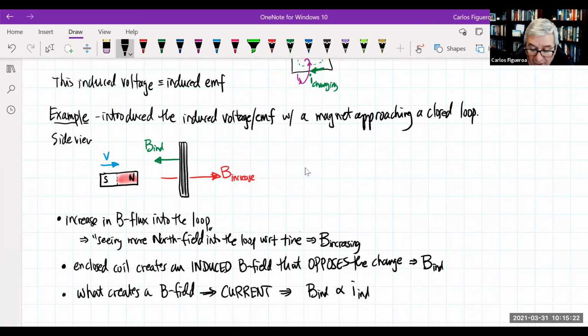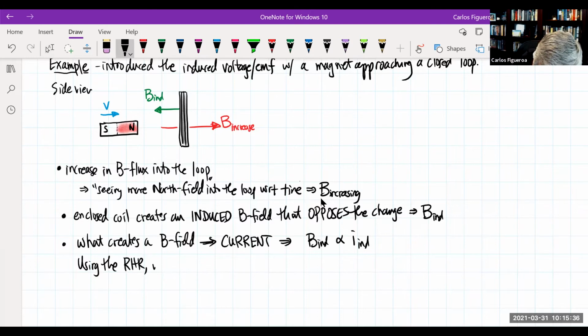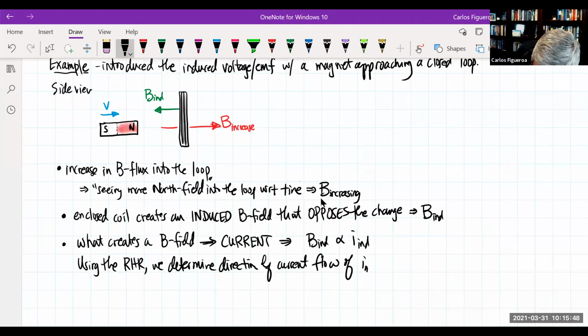So what is the direction of the current here? Now using the right-hand rule, we determine the direction of current flow of I induced.